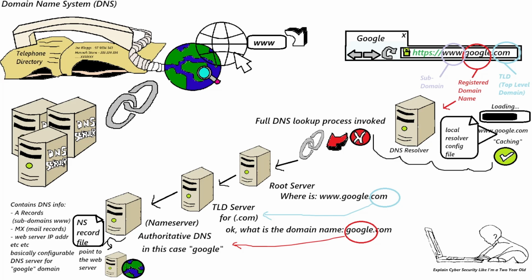Important technical keynote. In this DNS full lookup process, the root server and the TLD server are uneditable by the user, but the authoritative name server DNS for the domain in question is editable by the user, aka the zone file or the NS record file.